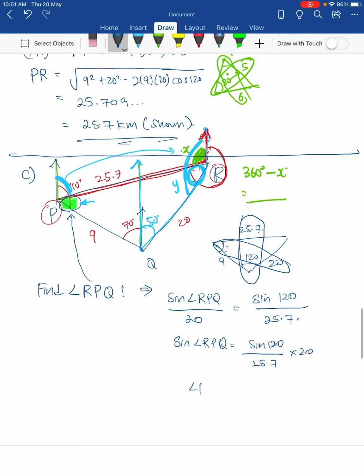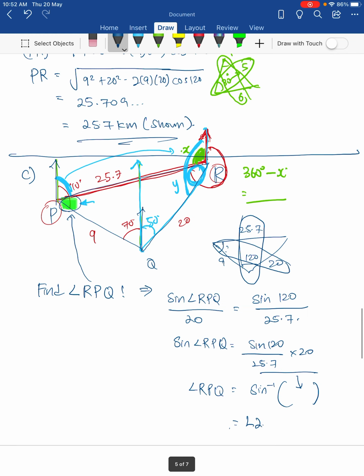Then after that, for RPQ we take sine inverse. Whatever value we get, we put it down, and the answer should give us 42.3543. More decimal places, because this is not the final answer.